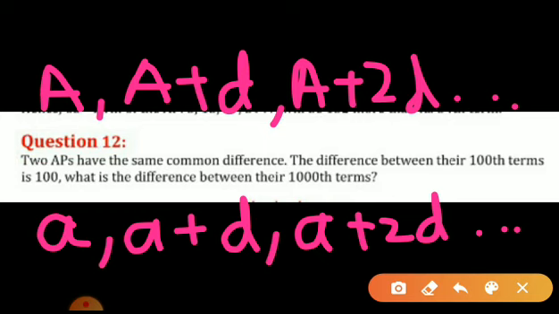Small a plus 99D. The difference between them is given to be 100. So A plus 99D minus, inside the bracket, since it is minus, write the next term in the bracket itself. Is that clear? So minus (a plus 99D) will be equal to 100, and then solve it.